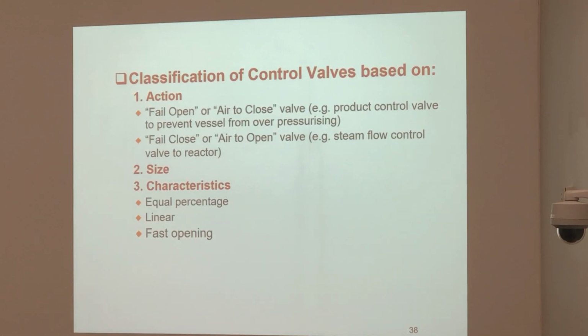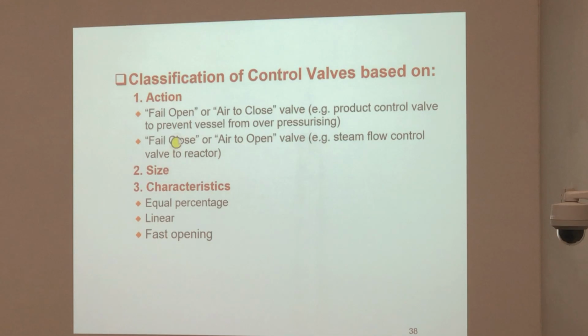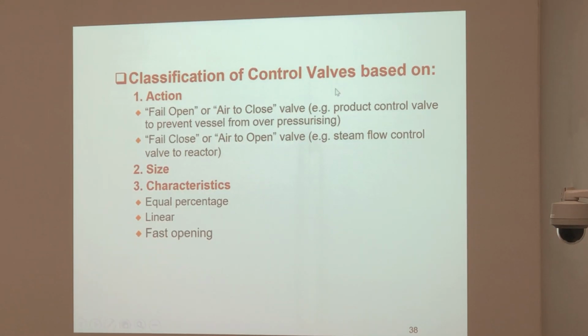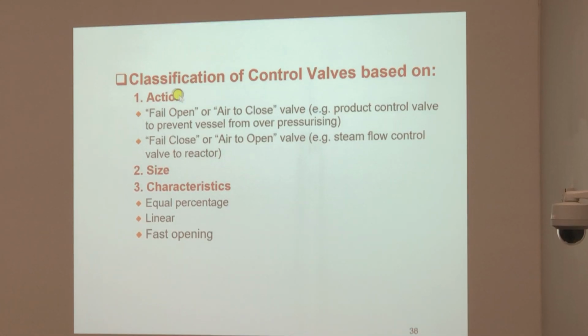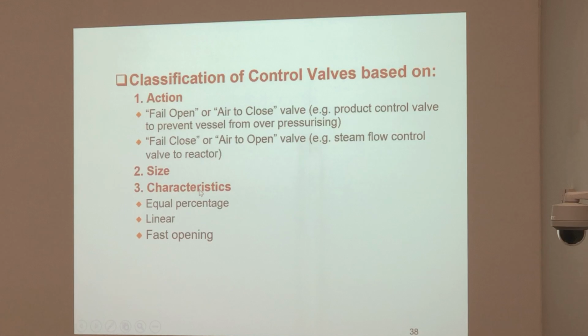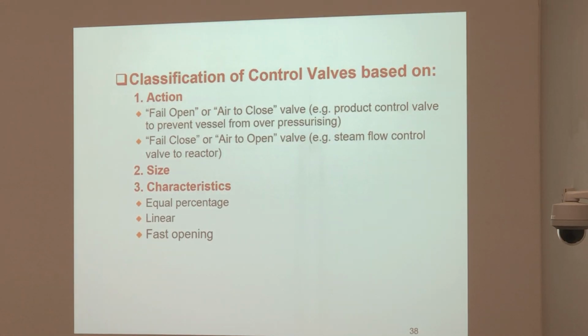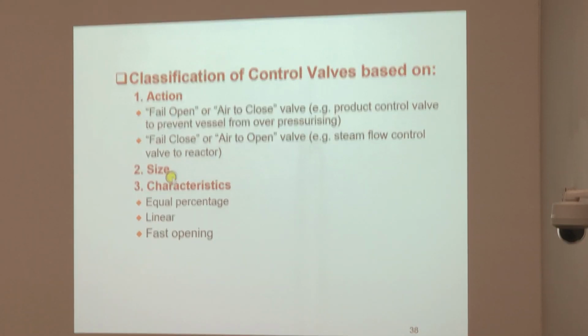This one we explained already. The classifications of control valve, which means that if I want to classify the control valve, I can base it on three categories. First category is the action. We already explained whether it's fail open and fail close, two types. Second, we can classify the control valve by size.